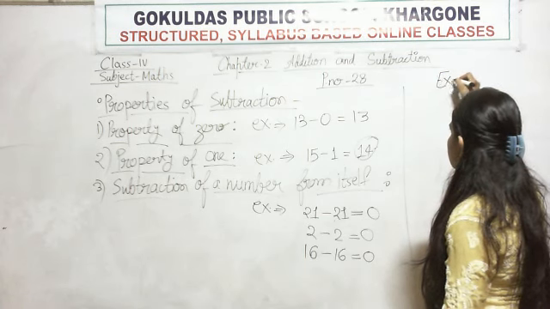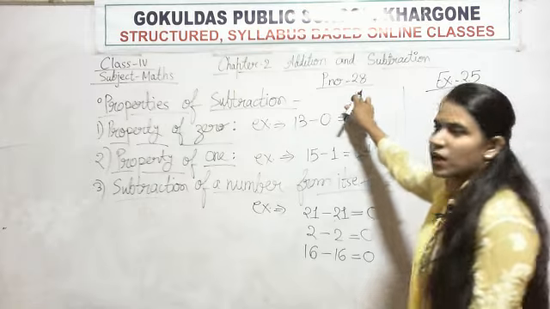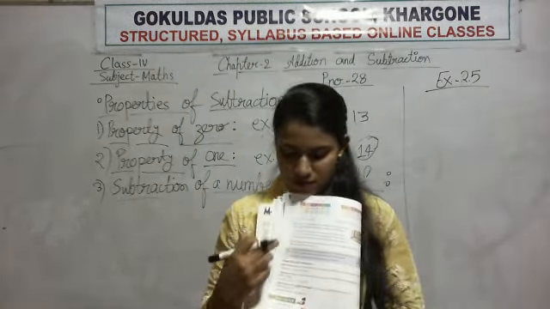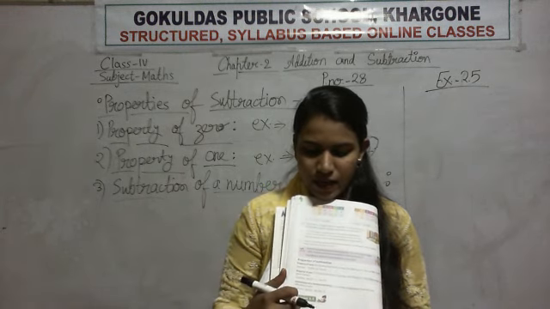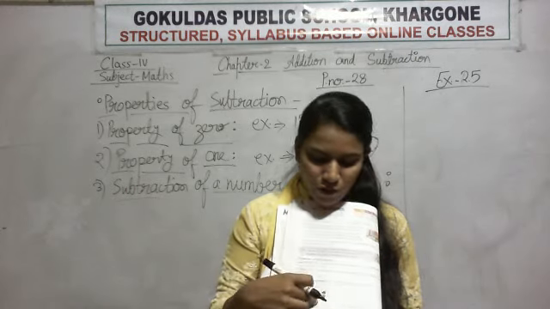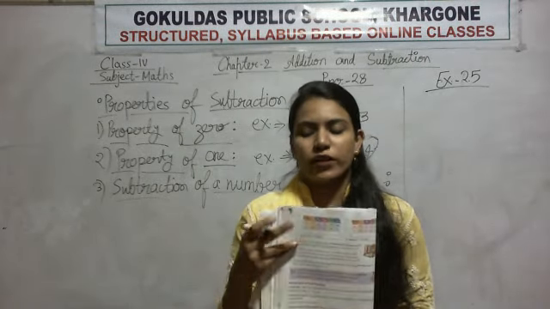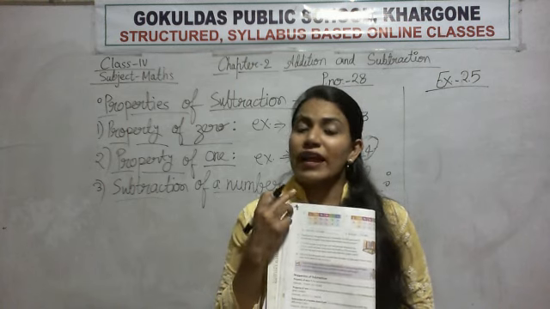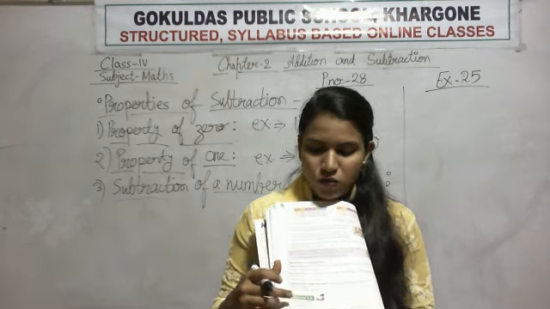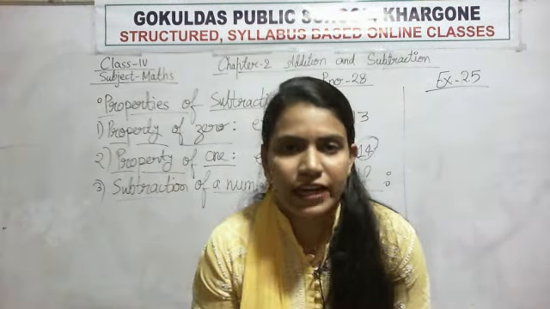Fill in the blanks. Take out your pencils. Now you have to fill the answers in the book. But later, after noting down the answers, you have to write this exercise in your copy also. So be ready with your pencil.